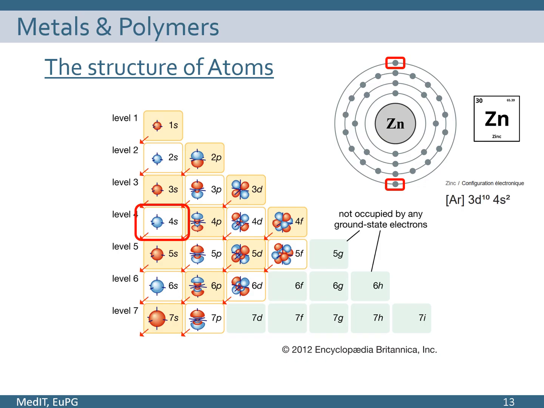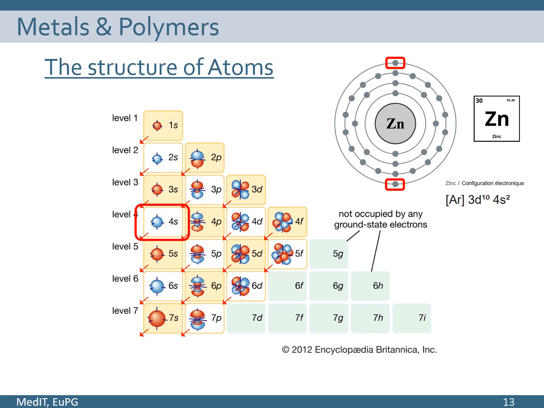So what you see here is actually the standard electronic configuration as given in chemistry books. So you can see that zinc has a structure of argon plus orbital 3d full with 10 electrons and orbital 4s full with 2 electrons.